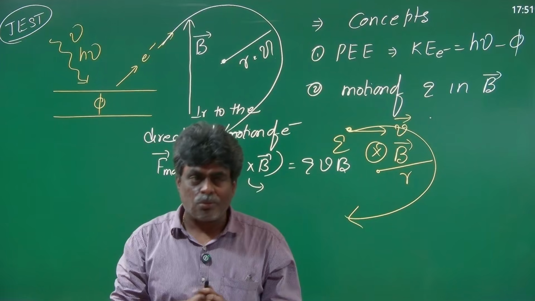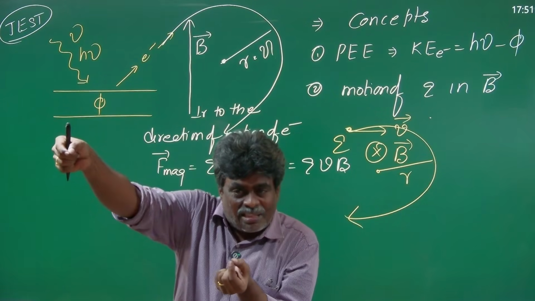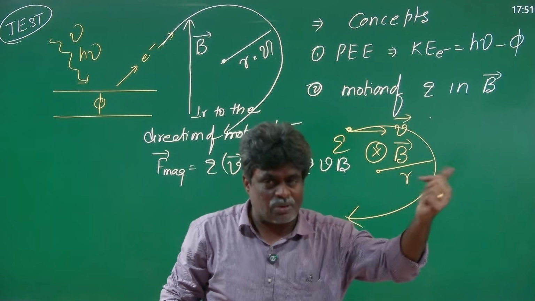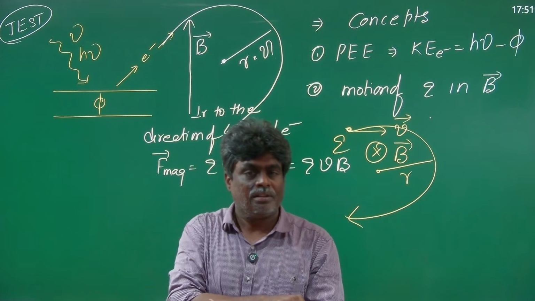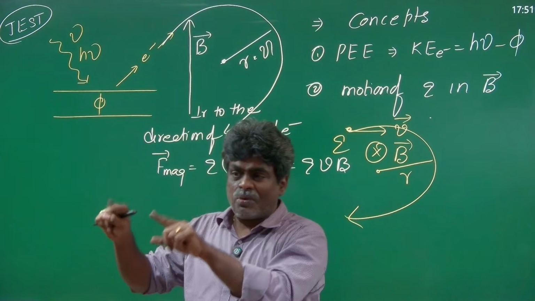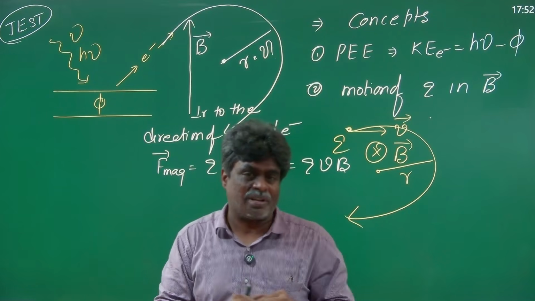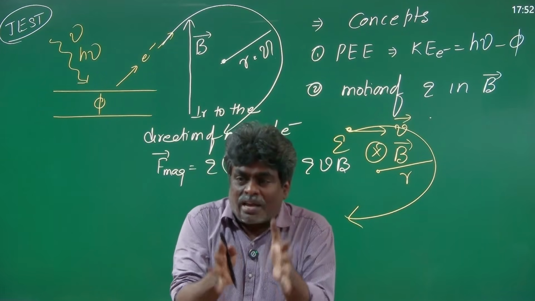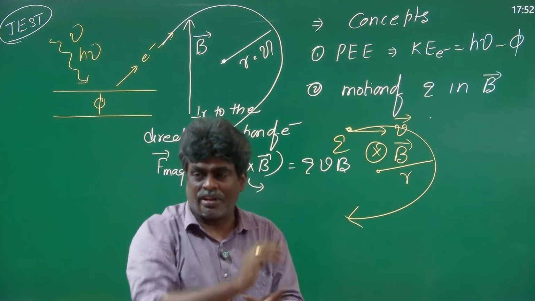Who is that? The Coulombic force between the nucleus and the electron. In the hydrogen atom, the first step you solved was Coulombic force equals centripetal force: m v square by r equals Z e square by 4 pi epsilon naught r square. Both forces are balanced, and only then will it move in a circular path.